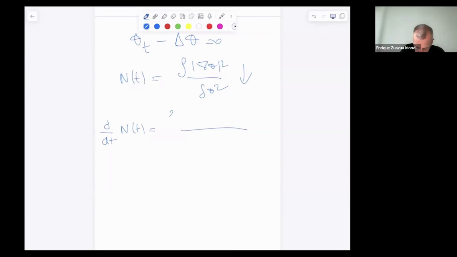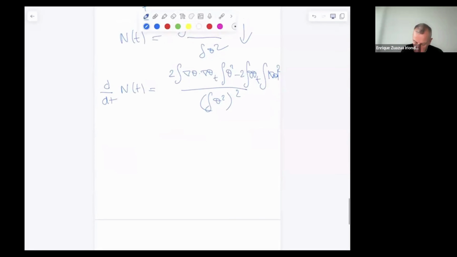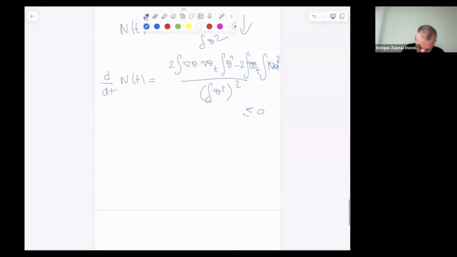I get the time derivative of the numerator times the denominator minus the time derivative of the denominator times the numerator, right? And divided by theta squared. So if I want to show that this is negative, it is sufficient that I analyze the sign of the numerator because the denominator is a square, is positive. So what happens to this? This times the integral of theta squared minus theta_t integral of gradient theta squared.